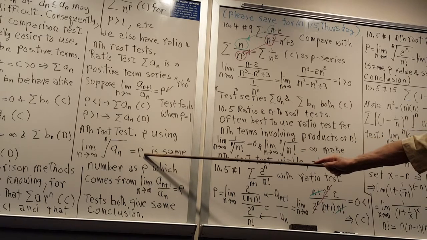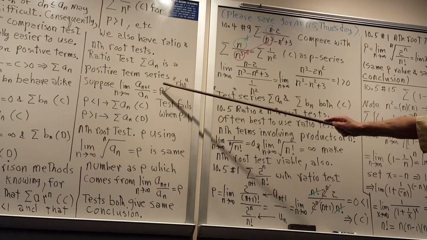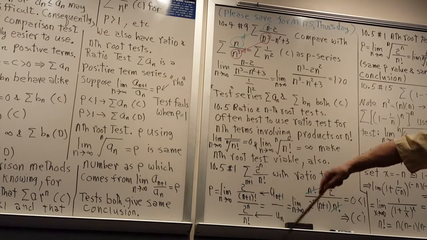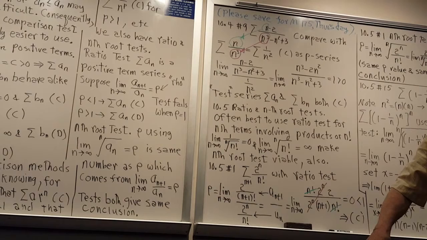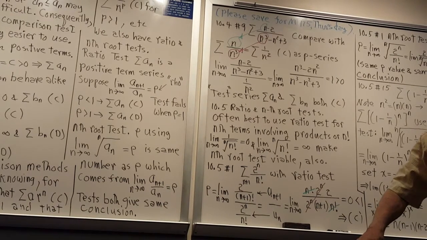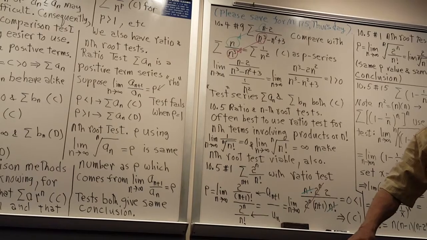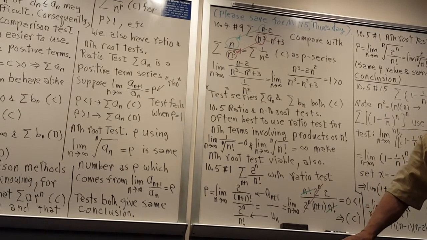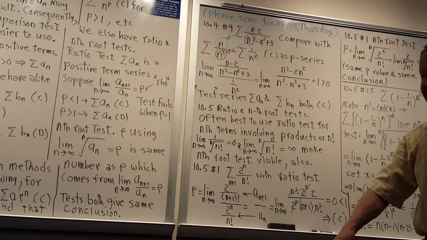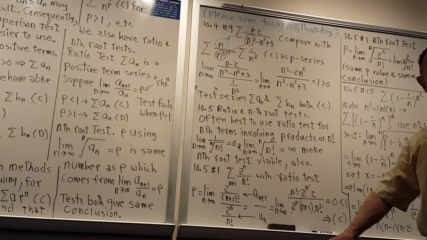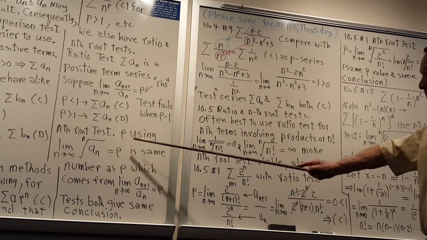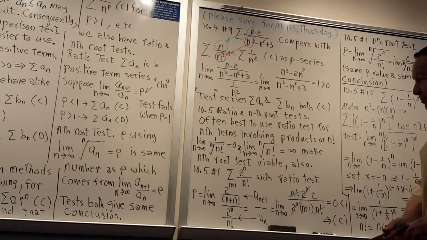The rho you get here will be the same value as the rho you get here for any one given series. So the nth root test and the ratio test are equivalent, really, for series. If one of them fails, the other one fails. They both tell you it converges, or they both tell you it diverges. And the rho value will be the same number.